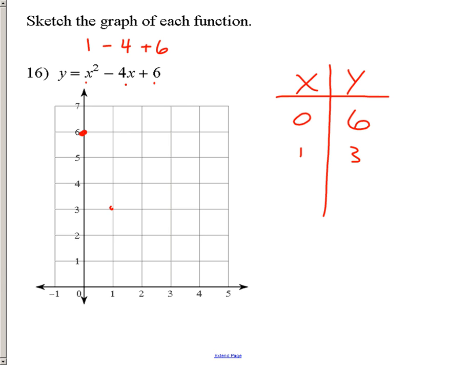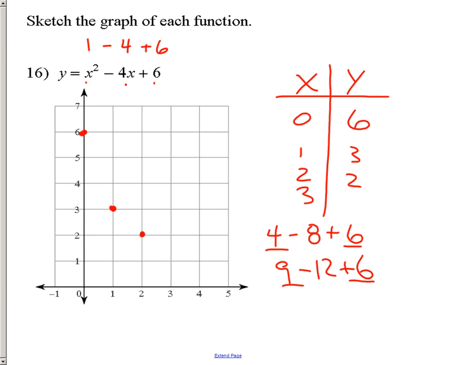So 1 gets me up to 3. 2, I'll write it down here. I get 2 squared 4 minus 4 times 2, 8, plus 6, or 10 minus 8, 2. So my growth, or the amount it's shrinking, is slowing down, and that's good. 3, that would be 3 squared 9 minus 4 times 3, 12, plus 6, or 15 minus 12, 3.